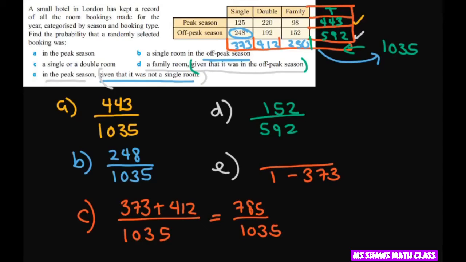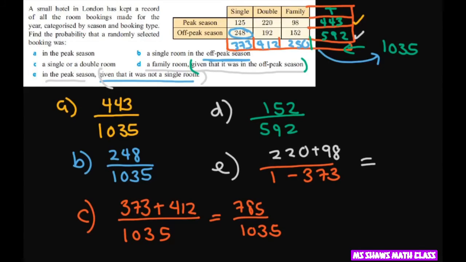So where is the peak season? The peak season is going to be 220 plus 98. All right, so we don't want the single room.